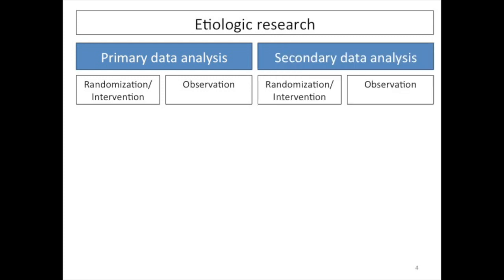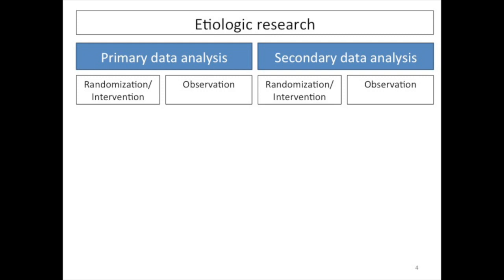The secondary data analysis may also be divided into randomization or intervention, or observation. At what moment data are primary and at what moment they are secondary is not absolute. The transition phases between them will be changing. However, to be able to discuss the difference between the two, we need to make some rough divisions.